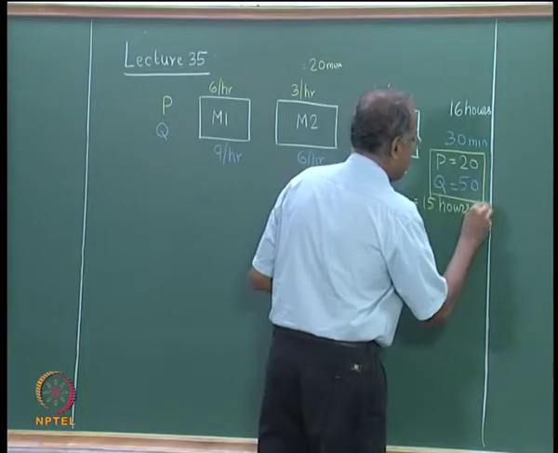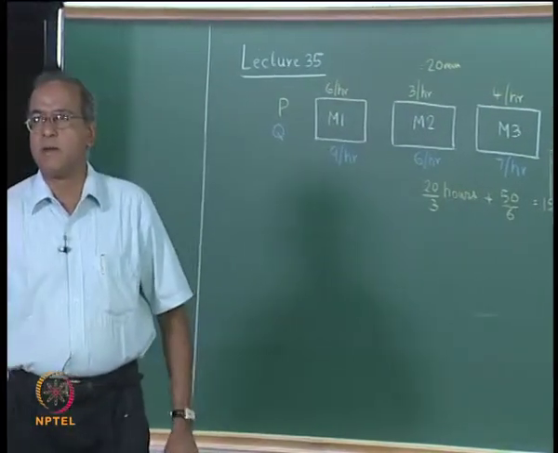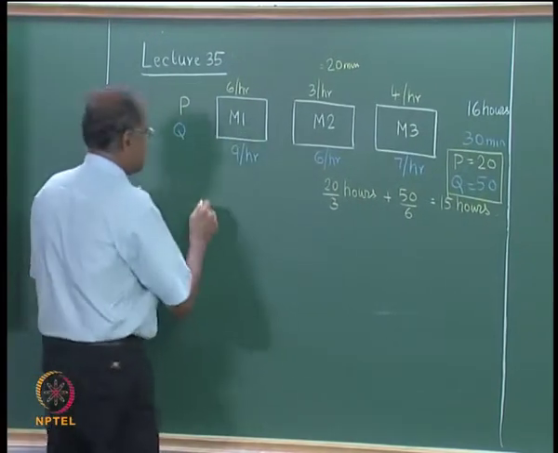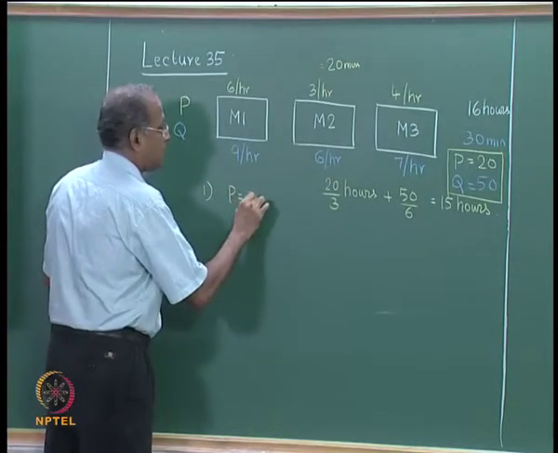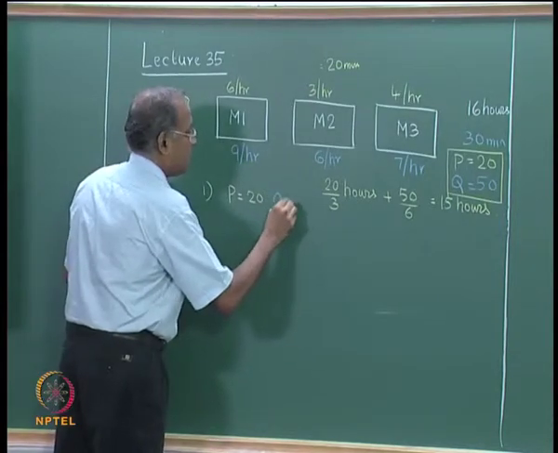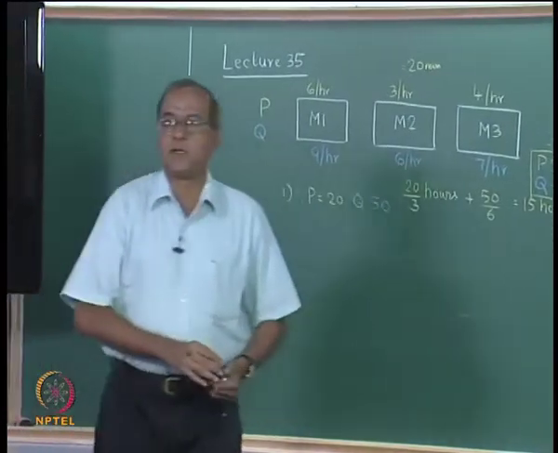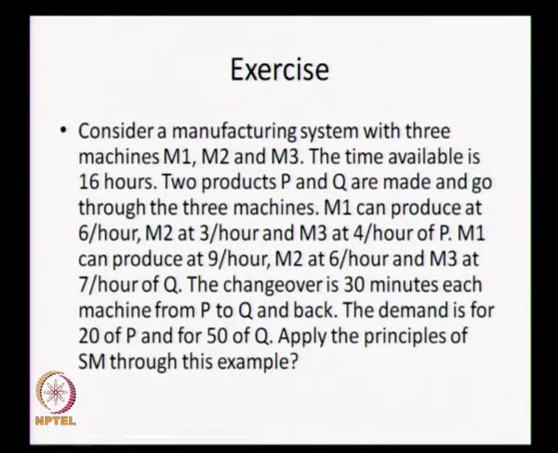So we can actually produce more. So effectively demand is the bottleneck. So applying the first principle, all three machines will produce P equal to 20 and Q equal to 50. The first principle talks about do not balance the capacity, but balance the flow.